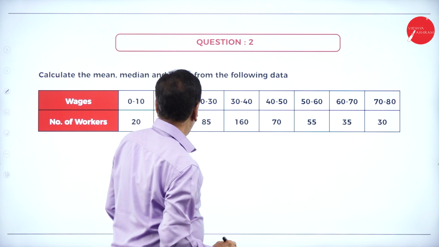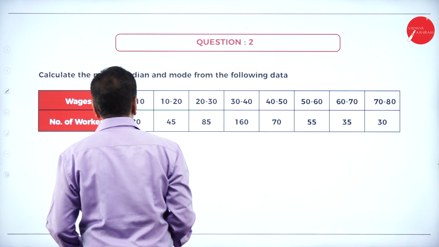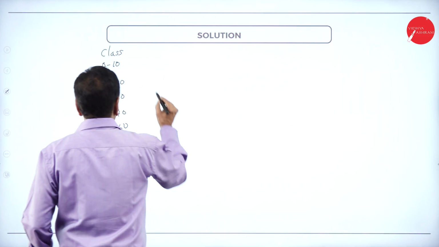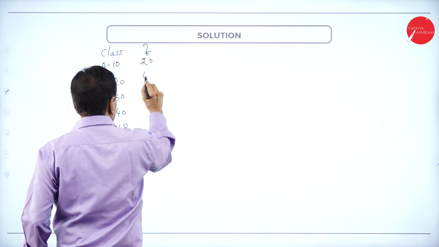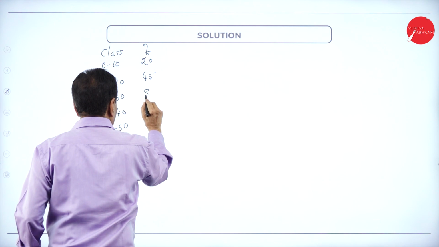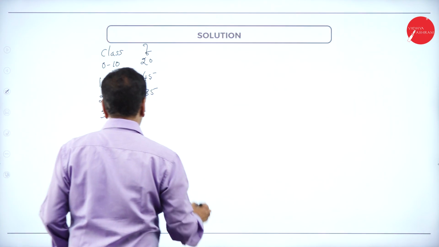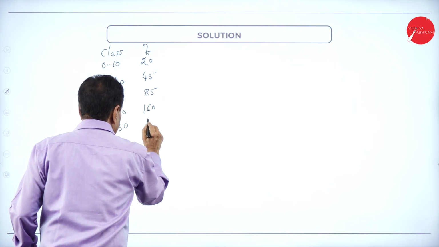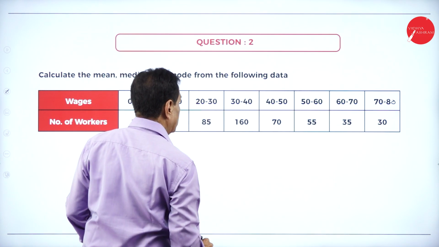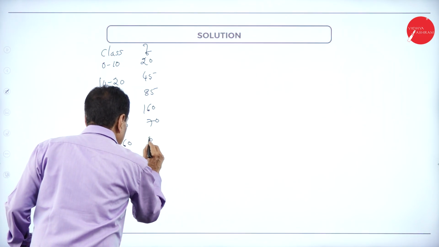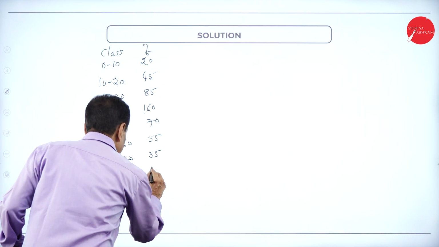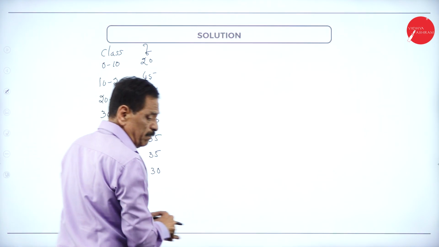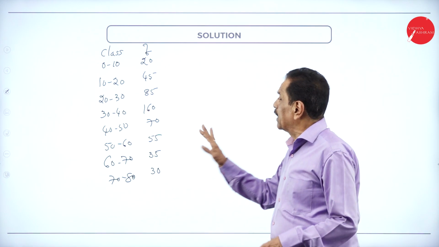So we'll move on to frequency. Frequency: 20, 45, 85, 160, then 70, 55, 35, 30. This is a problem. They will give an examination problem like this.